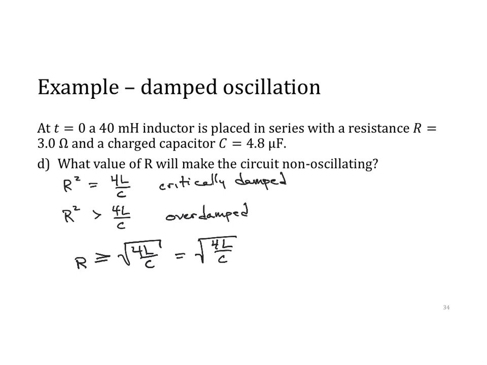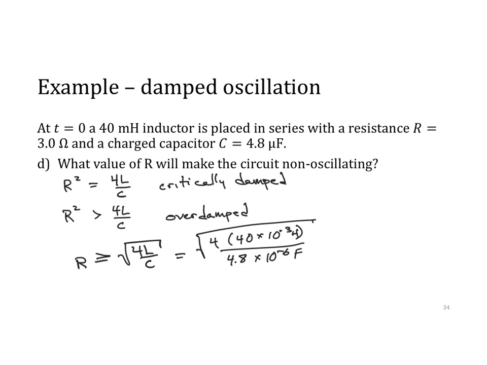So all we really need to do is find what the square root of 4L over C is, right? So I'm going to put in the square root of 4L over C. And that was in henries, that's in farads, so everything should cancel out.